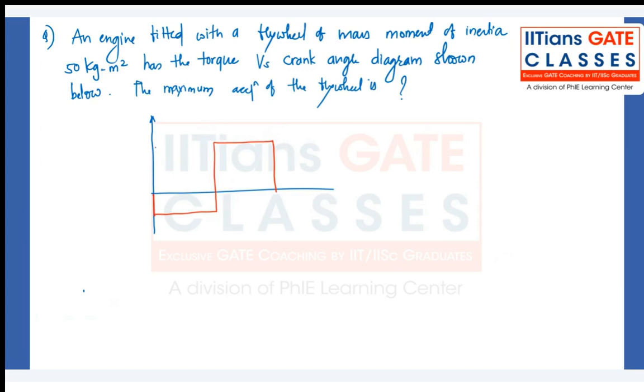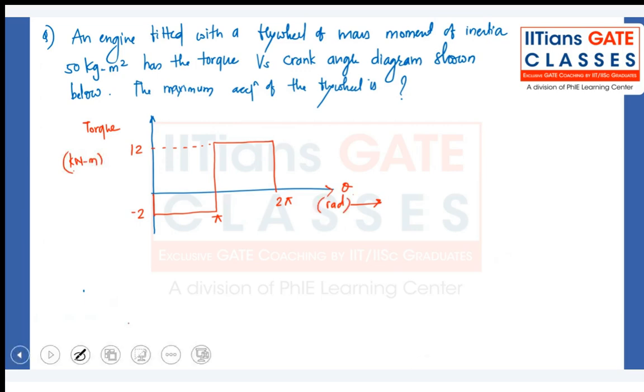Okay, so the crank angle goes from 0 to 2 pi radians, and this is the torque in kilonewton meter, and that is theta in radian.